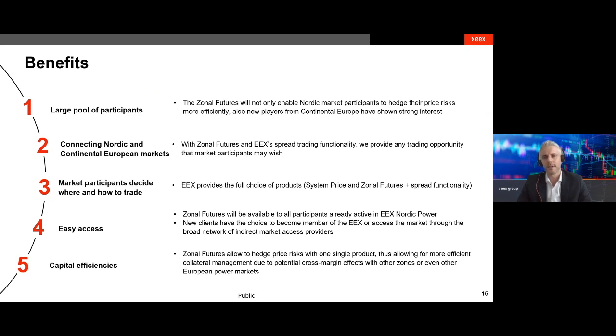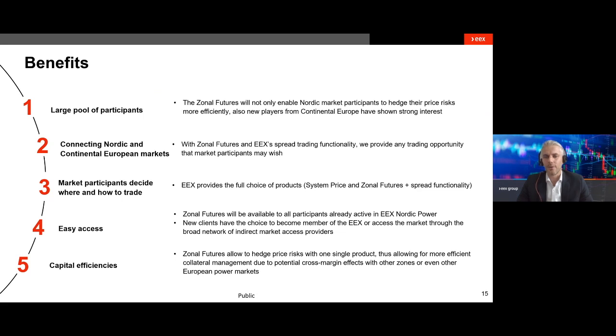The zonal futures will not only enable Nordic participants to hedge their price risks more efficiently, it's also many new players from continental Europe who are not yet active in the Nordic market that have shown strong interest in such products over the past couple of months and actually years.